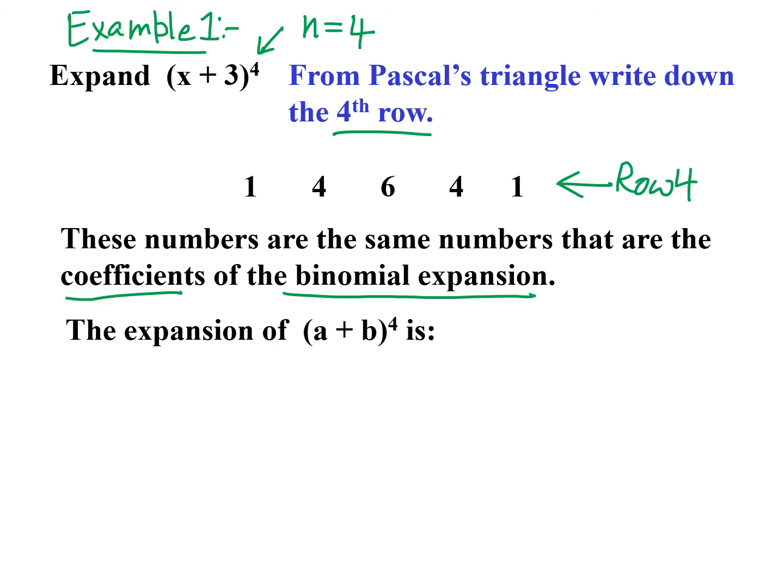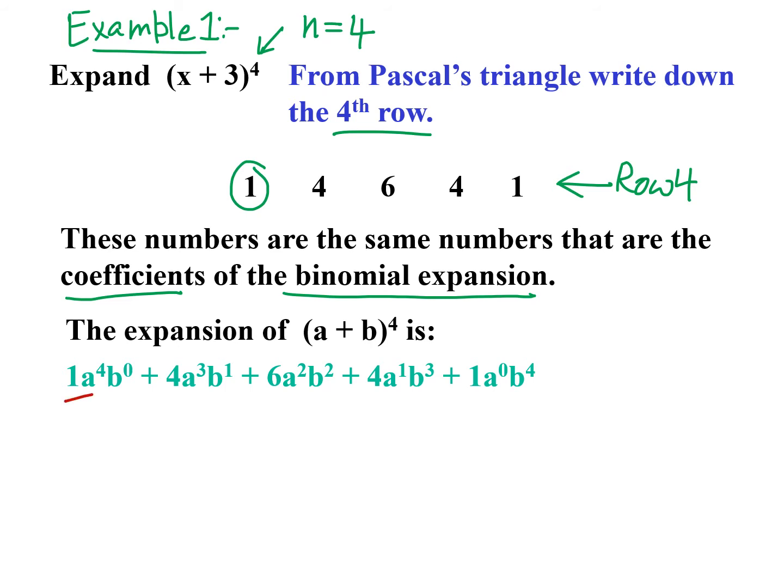Okay, so let's expand. Now, in general, if it is a binomial a plus b to the power 4, then we can write the binomial expansion using these coefficients: this is 1, this is the next coefficient 4, then 6, then 4, and finally the last one 1.